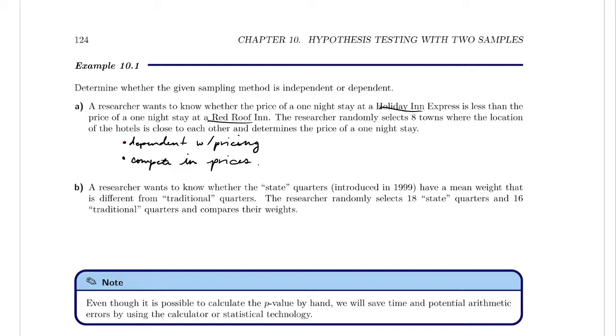No. So these samples are independent. And we could make a reason because state quarters.